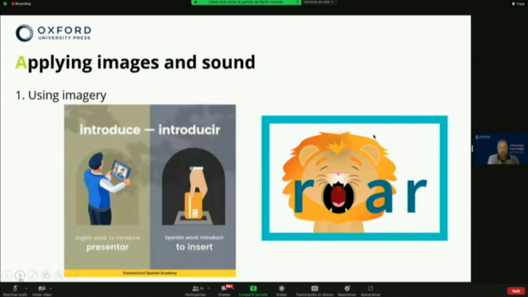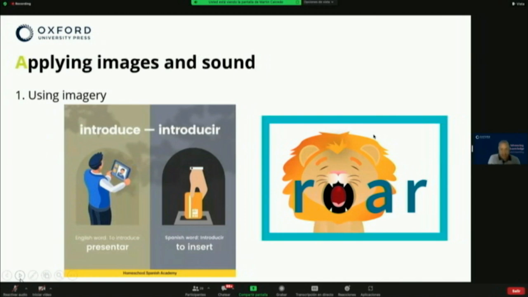These all involve remembering by means of visual images or sounds. And when we add YouTube, when we add apps in which students can record themselves, like, for example, Mindomo, which is a free collaborative mind mapping tool, we can use all of these tools in order to make it more interactive.